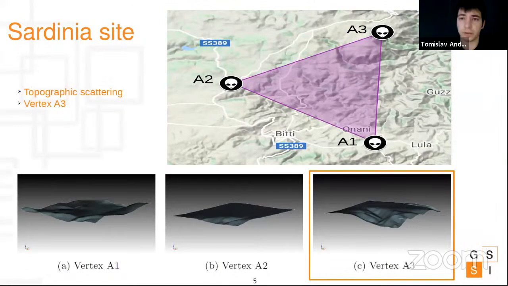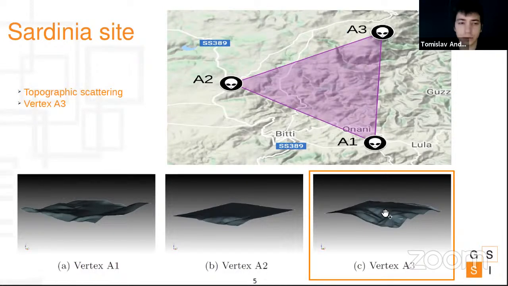You can see that all 3 vertices, so the surfaces of all 3 vertices, A1, A2, and A3, are 3 times 3 kilometers in horizontal dimensions, and below the center of each, the test mass is supposed to be.